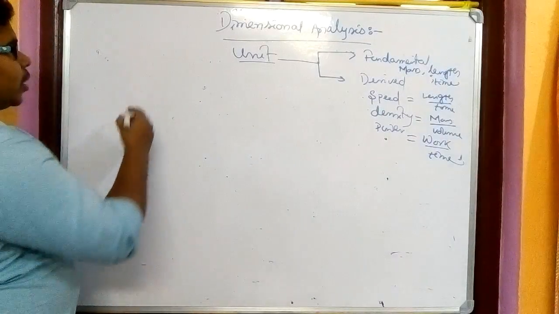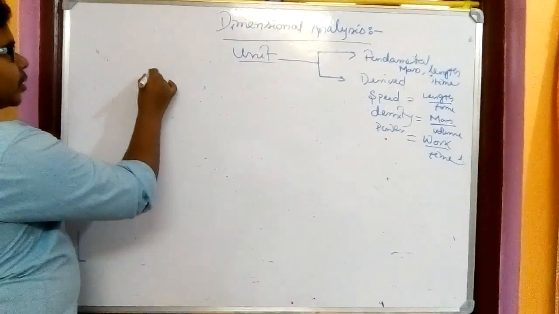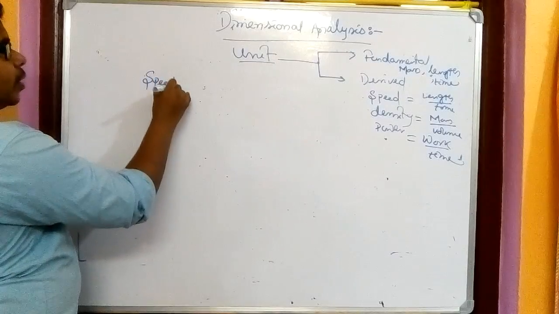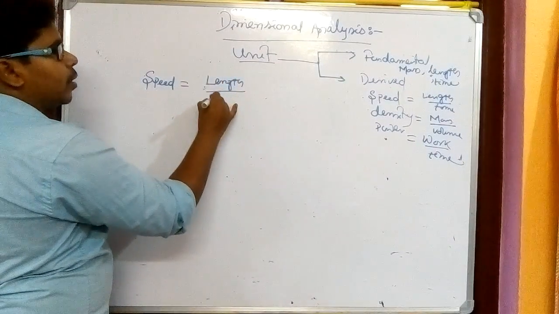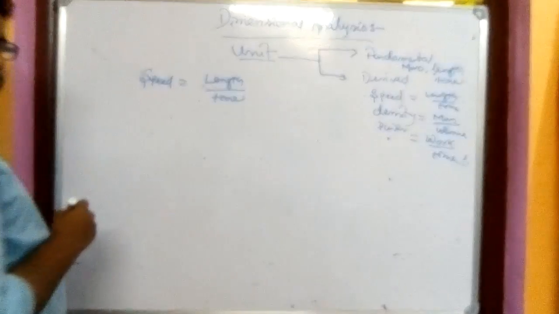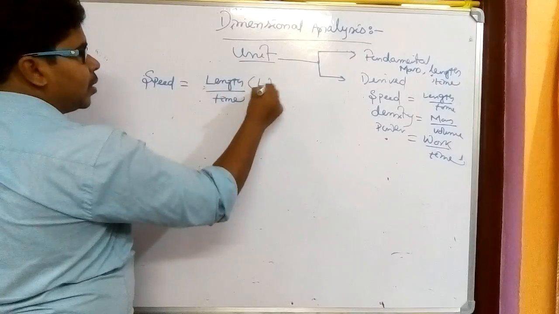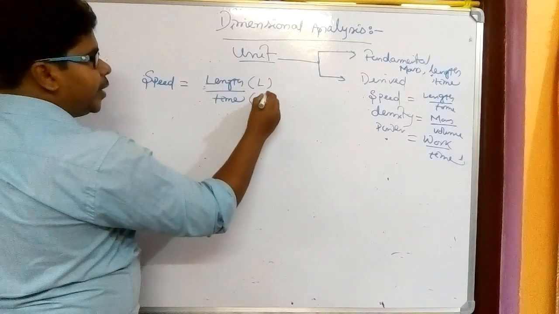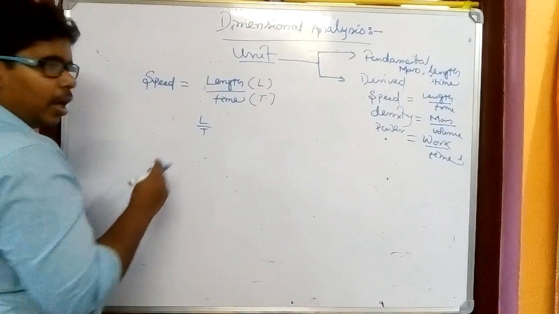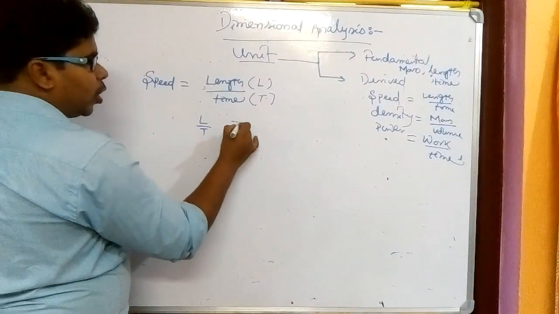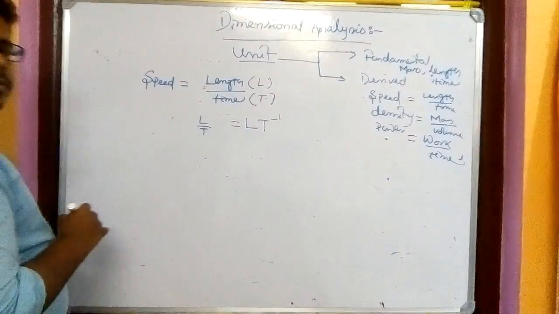Just now we have told that fundamental units are used to make a derived unit. The same thing, we have taken speed, length by time. So if I represent length by L and time by T, we can write this as L by T. If I take T at the top, it should be L T to the power minus 1.